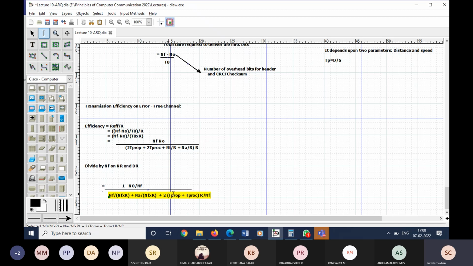NF will get cancelled and here also one R is there. So here R will be there, because this is the R I'm saying, correct?